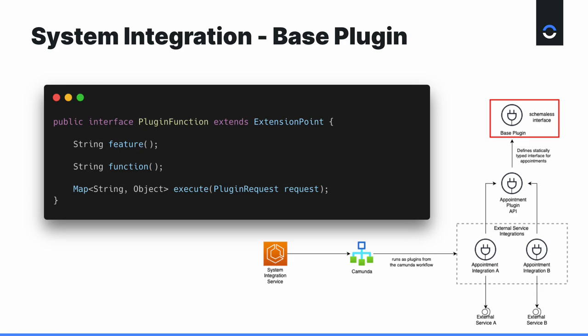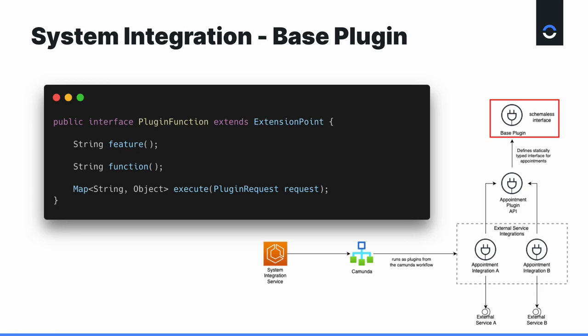So feature function describes the name of the function. So in function, we can find something like create an appointment or find available time slot. So this is just the name of some function. Feature points to a group of many functions from one family.